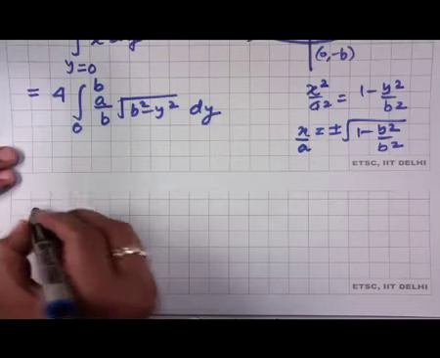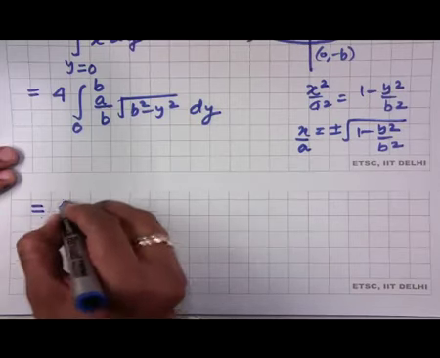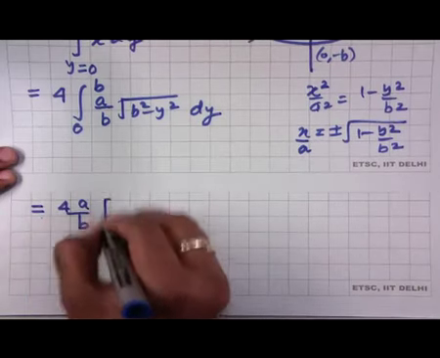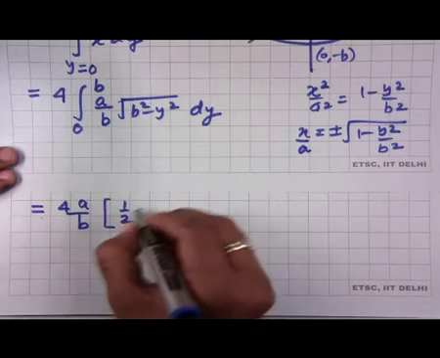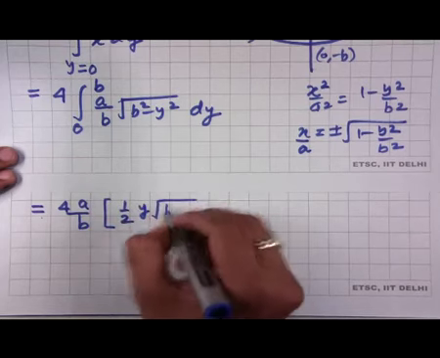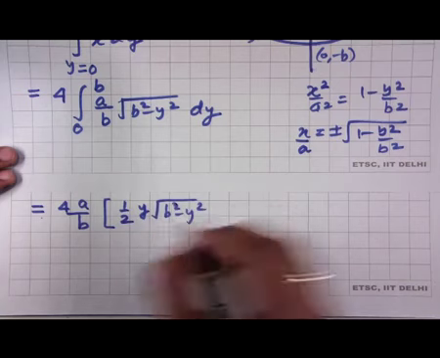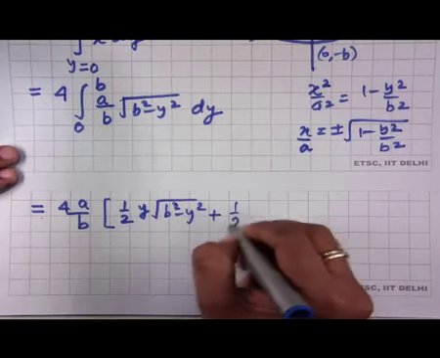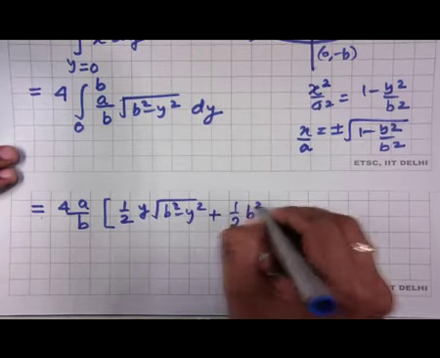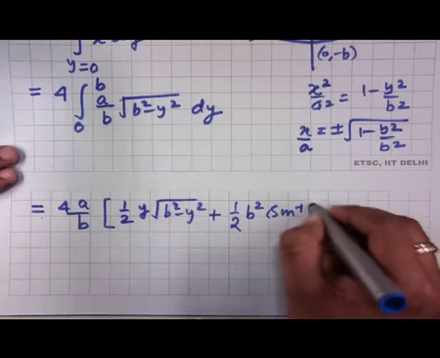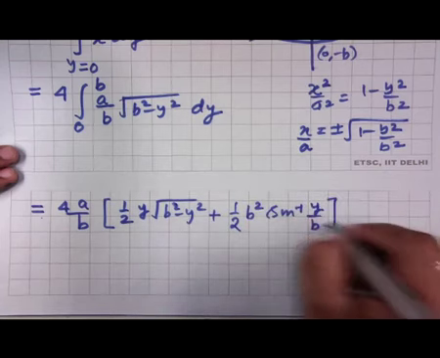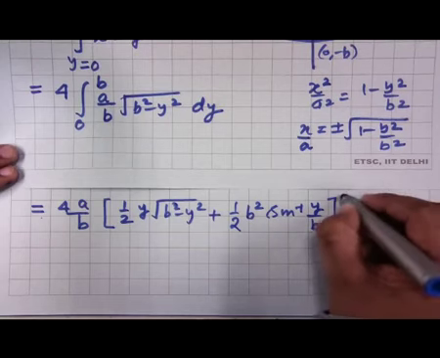So value of this integral is 4 a by b times 1 by 2 y under root b square minus y square plus 1 by 2 b square sin inverse y by b, from 0 to b.